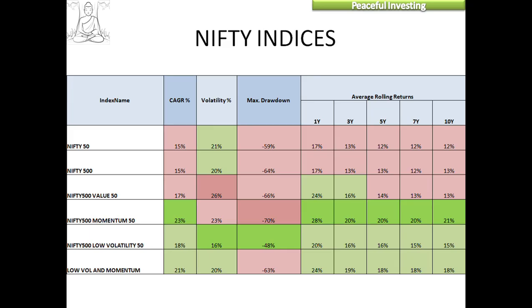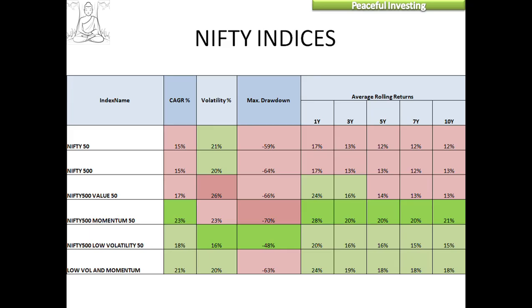Maybe somebody who wants higher returns as well as low volatility can invest 50% in Nifty 500 low volatility 50 and Nifty 50, and the rest 50% in Nifty 500 momentum 50.